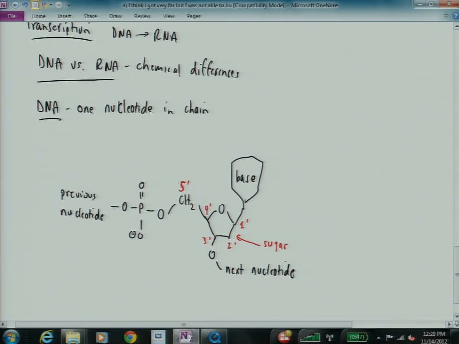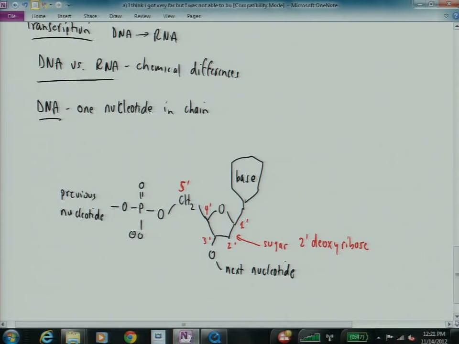As we'll see in a second, this sugar is called 2' deoxyribose. What that means is it's ribose where the 2' oxy has been removed, deoxy. So deoxyribose means somewhere in that sugar molecule I've taken an oxygen out. How do I know which of the many oxygens in the molecule I've taken out? I've taken the one off of the 2' carbon.